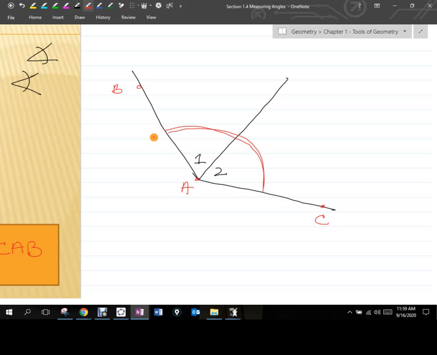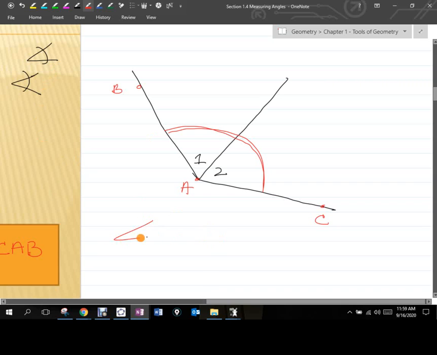Now here's where if I just say angle A, everybody look at angle A. Well, A is right here, right? That's the vertex. So some of you might be looking at angle 1, right? Does that make sense?